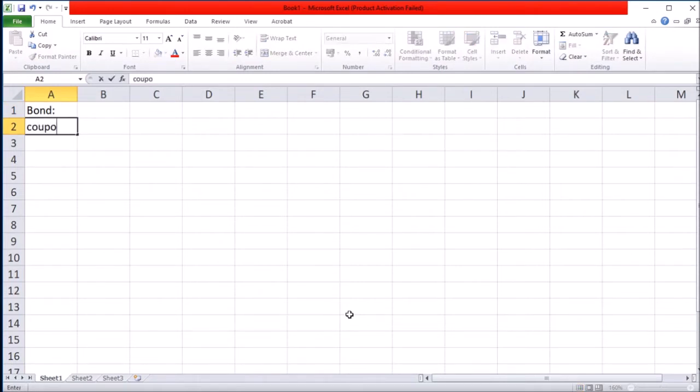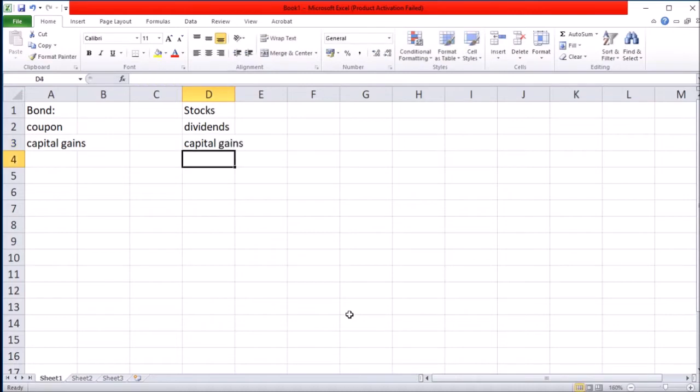Those would be coupon payments, and also their capital gains are also possible. That's if I buy a bond at a price lower than the price that I sell it for. Similarly, with investment into stocks, possible couple of cash inflows are dividends and also, again, capital gains.